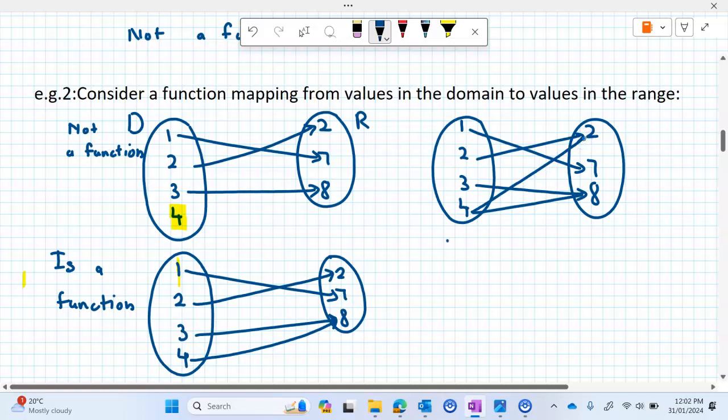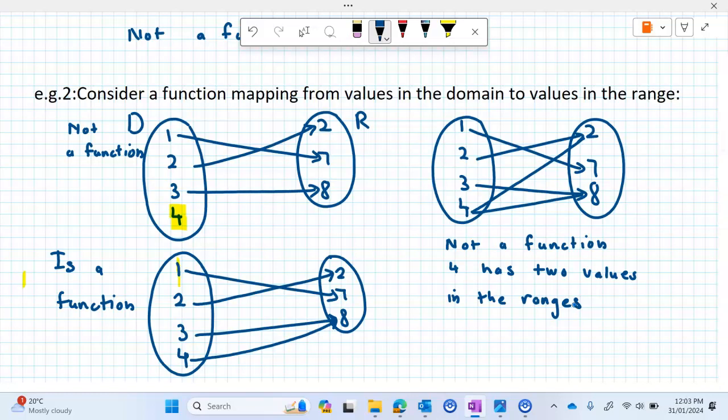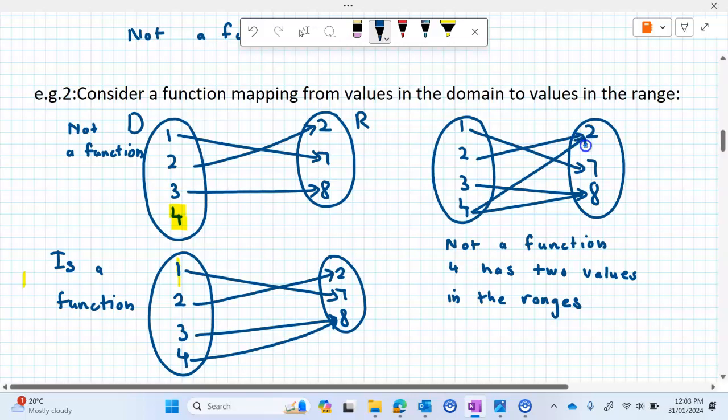Now this is not a function because now 4 has 2 values in the range. And so that means that again we contradict the second rule for a function. Because 4 has 2 associated values, or 2 images, in the range, it's not a function.